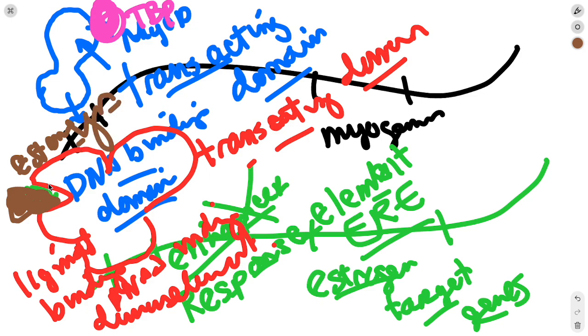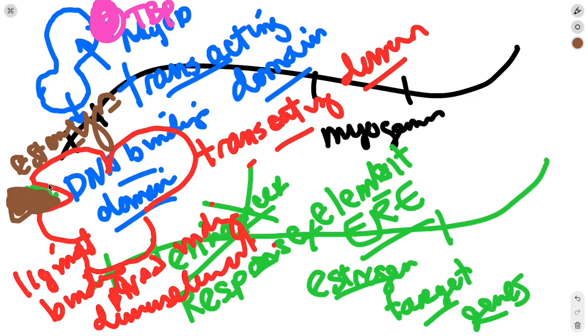So the estrogen receptor is an example of a transcription factor that has three domains. A DNA binding domain that's got to bind to the response element, a trans-acting domain, which is very interesting because it can be a repressor or an activator, and then a ligand binding domain. And the ligand binding domain is the switch.